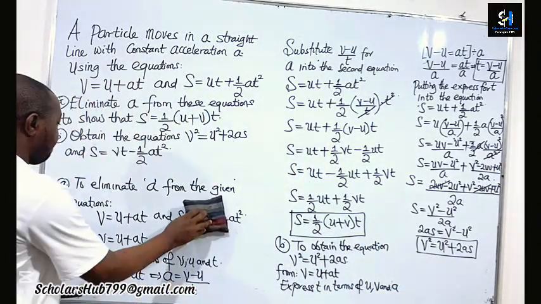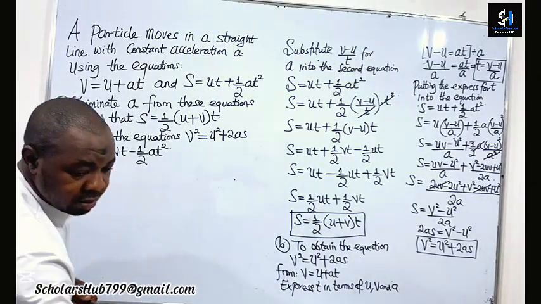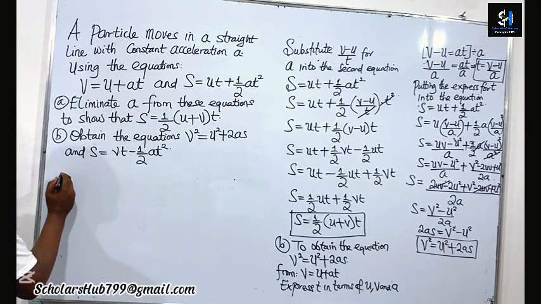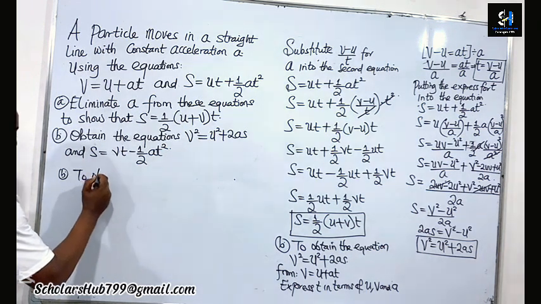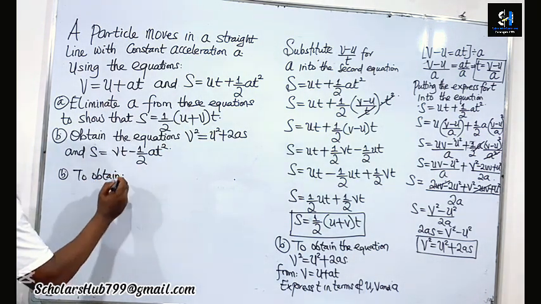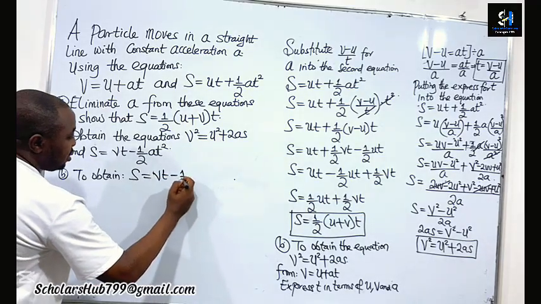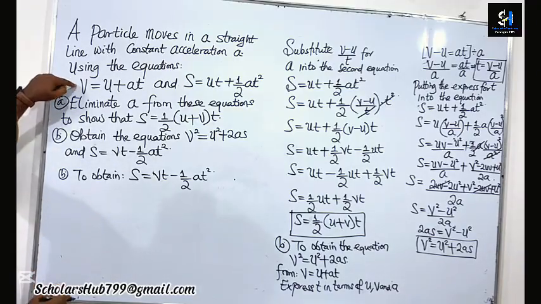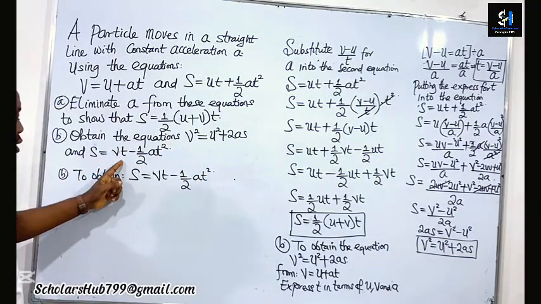All right, so now to obtain this last equation, still on question B, s equals vt minus 1/2 at squared. Remember, we are using these two equations to prove, as in to obtain, this equation and this equation.